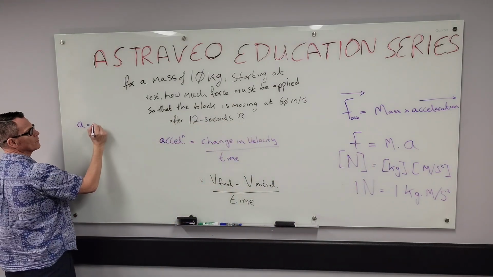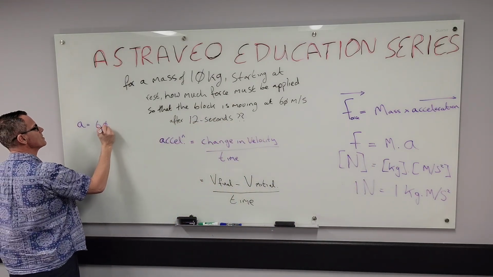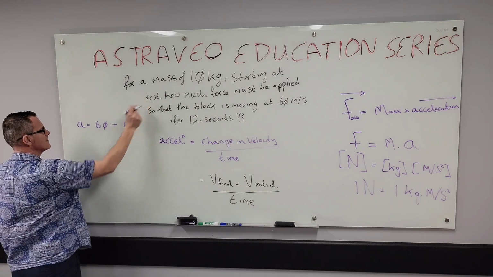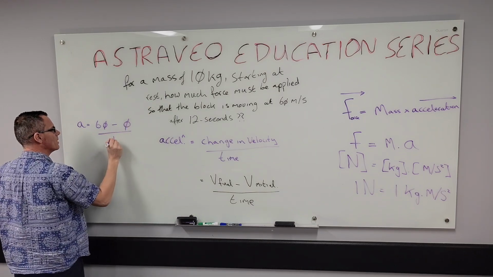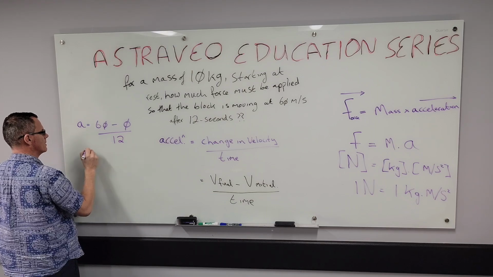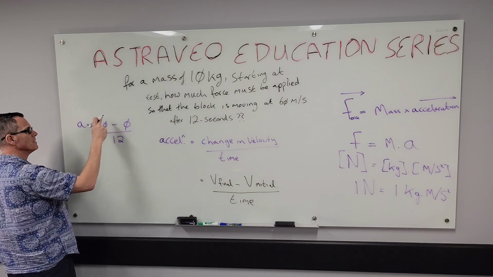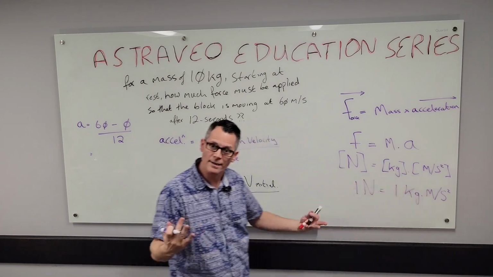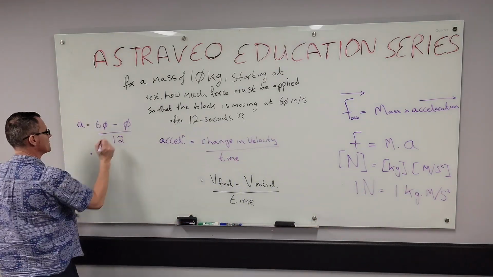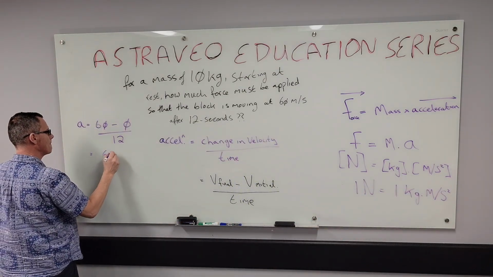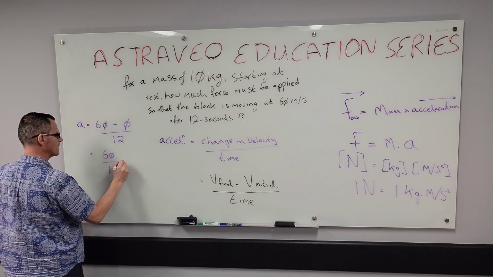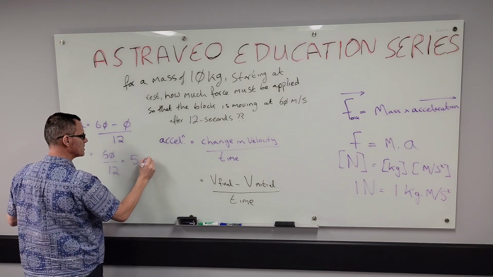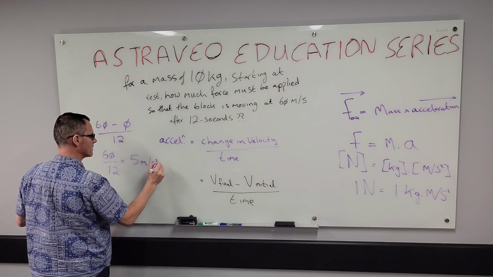So v final is 60 meters per second, v initial is 0, it's at rest, divided by 12 seconds. Now we have meters per second divided by seconds, we get meters per second squared, which is an acceleration. So 60 minus 0 is 60, divided by 12. We get 5 meters per second squared.